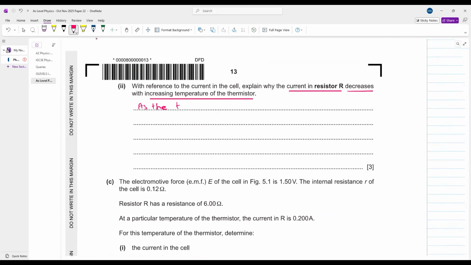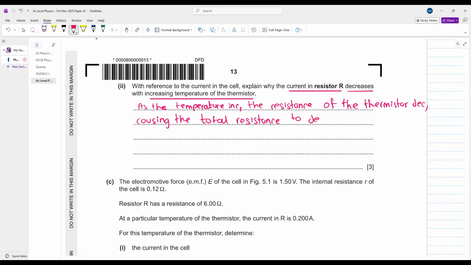As the temperature increases, the resistance of the thermistor decreases, causing the total resistance to decrease. Because of this, what will the total resistance become? Decrease.